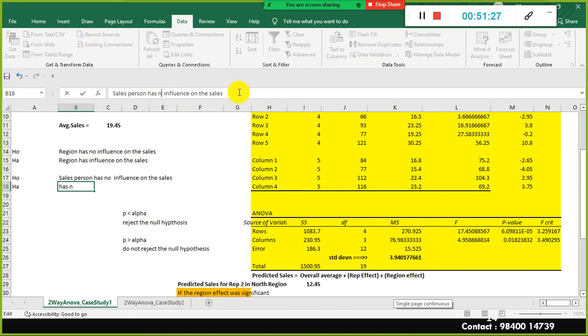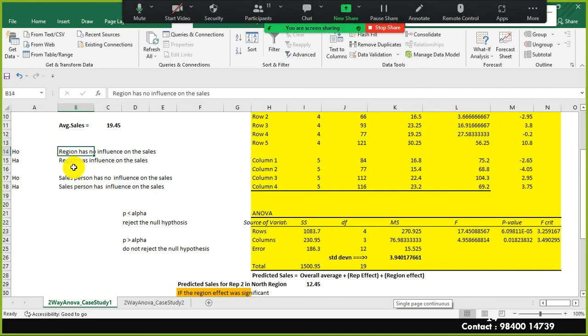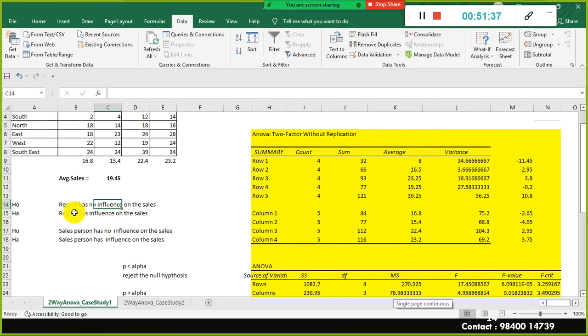Salesperson has influence on the sales. So if you reject it, region also has an influence on the sales, and salesperson also has an influence on the sales. But it's not always positive. What we want to reject should be there in your H0. Region has no influence on the sales, that is what we want to reject. What we want to reject should be there in your null hypothesis. Please remember this. Sorry for the confusion.